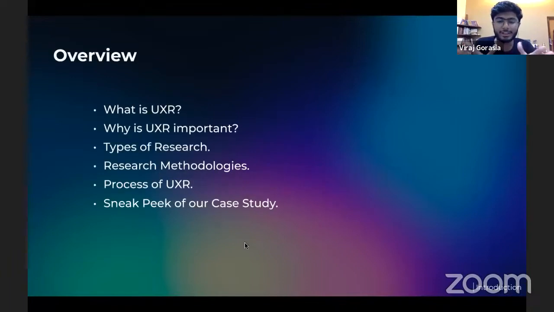So let me just give you an overview as to what we are going to be covering in today's session. We'll start with what is UXR, user experience research, just the basic definition. Then we'll jump on to why UXR is important, because a lot of people have that misconception that product design is all about colors, typographies, shapes, and just the beauty of it. But there's always a logic behind that beauty.